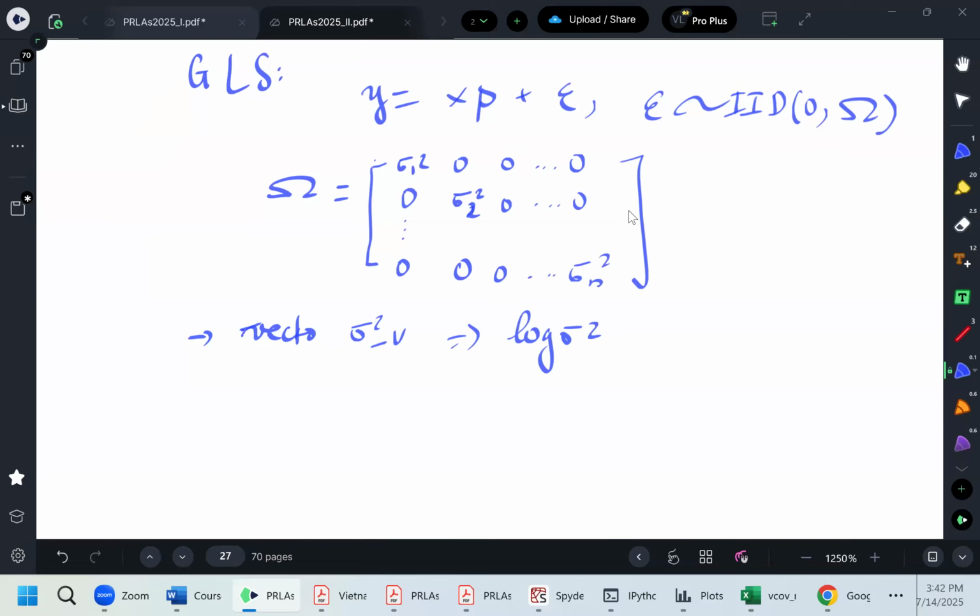So we will run a regression, right? We want a regression where the log of sigma square is equal to gamma 1 plus gamma 2 times x2 plus gamma 3 times x3 plus dot dot dot plus gamma k times xk. We don't just stop there.